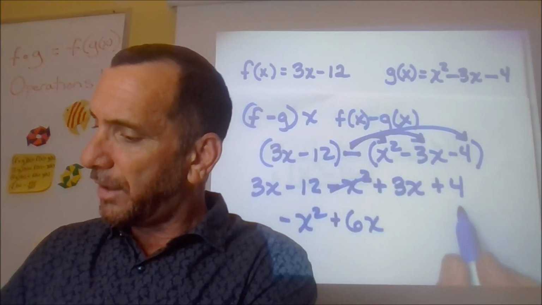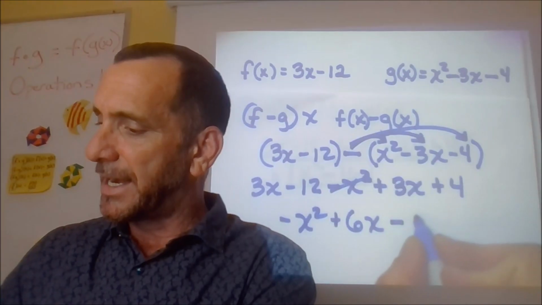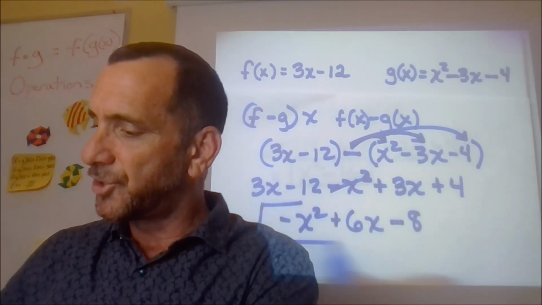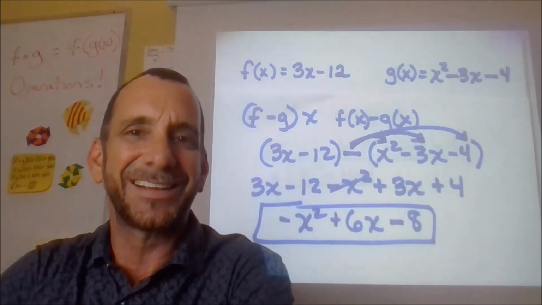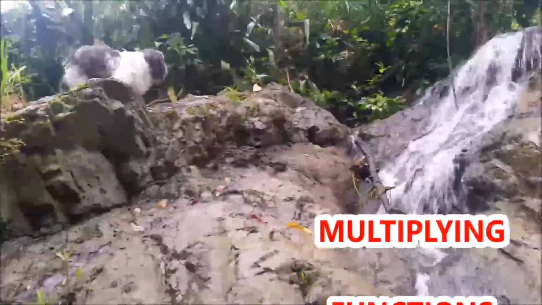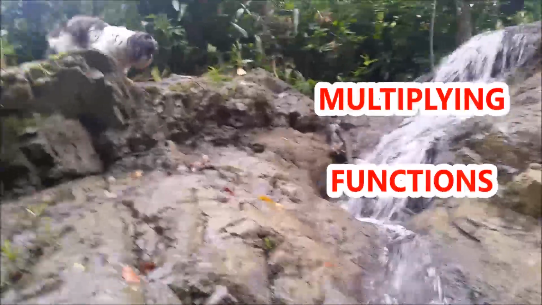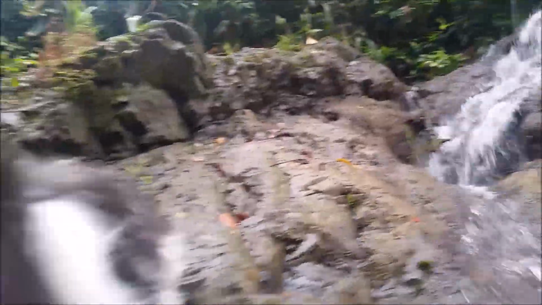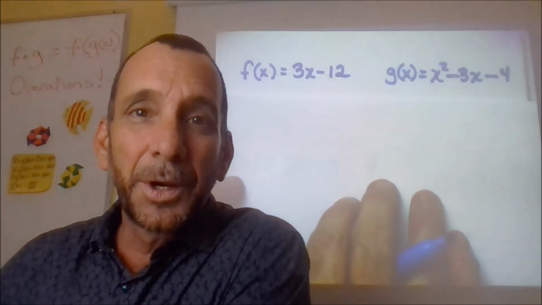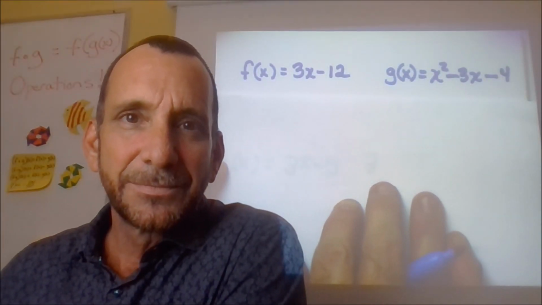And negative 12 plus 4 is a negative 8. We have just subtracted g of x from f of x. We want to multiply the functions.